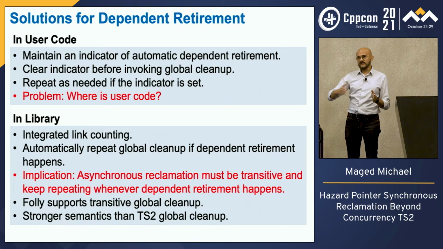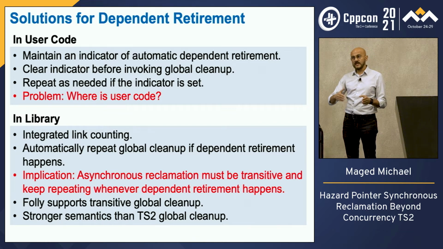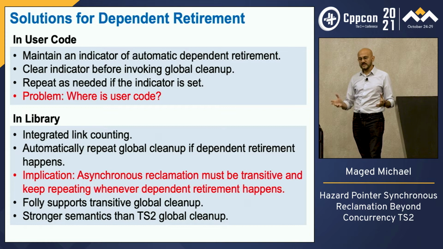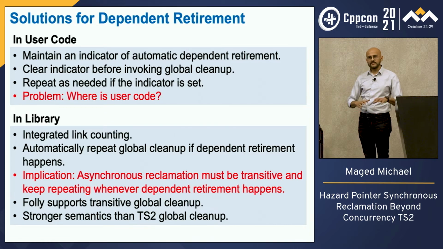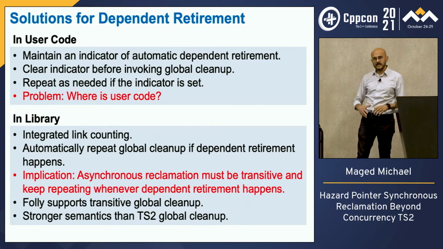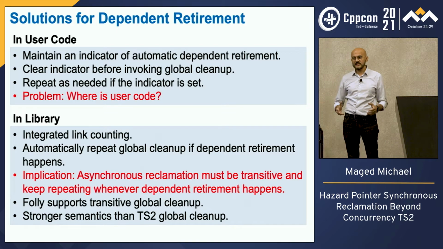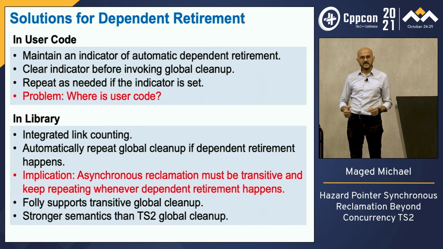If we have a succession of, say, three such objects linked to each other, we would call cleanup three times. But where in user code? It can include code by thousands of engineers at many levels of the software, so we really don't know where to keep that kind of logic.